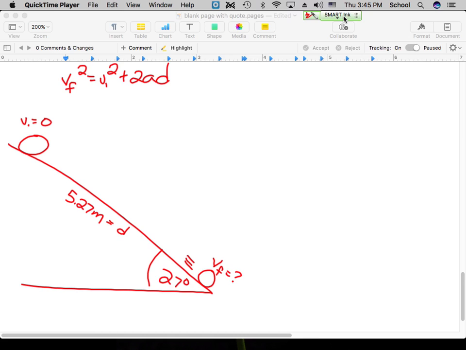Since VI is 0, this part goes away. To find VF, I'm going to have 2 times A times D. I don't know what A is, but I do know my D is 5.27. So now all I've got to do is figure out the A.